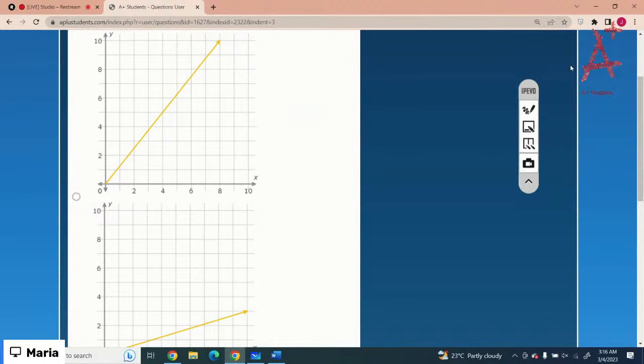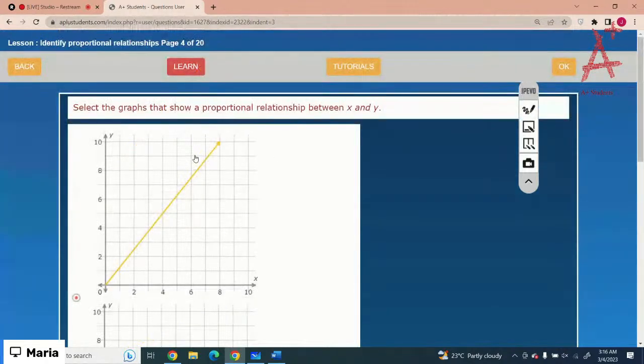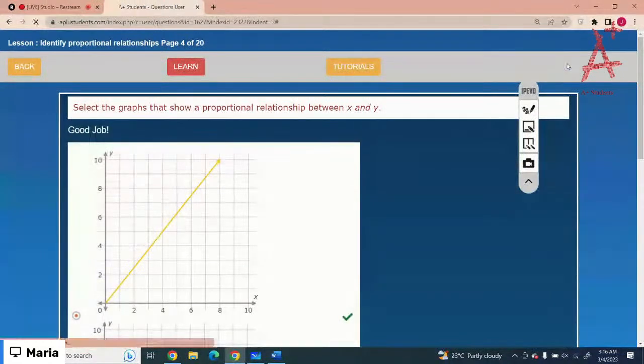Option number 1 is the correct option. Got it? That means option number 1 is the correct option. Got it? 2 is not the proportional relationship. It is a straight line, but option number 1 is the correct option.